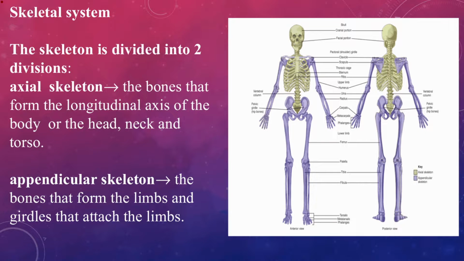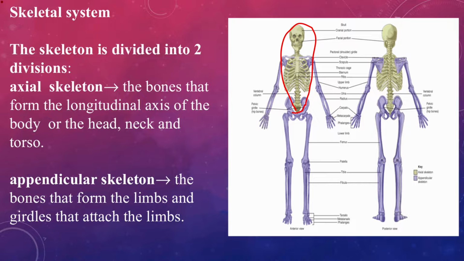The first thing is that we know we have two parts to the skeletal system. We have the axial skeleton and the appendicular skeleton. The axial is in the white here, right? The head, neck, and the torso. And then the appendicular makes up the appendages. That's why it's called appendicular, appendages.